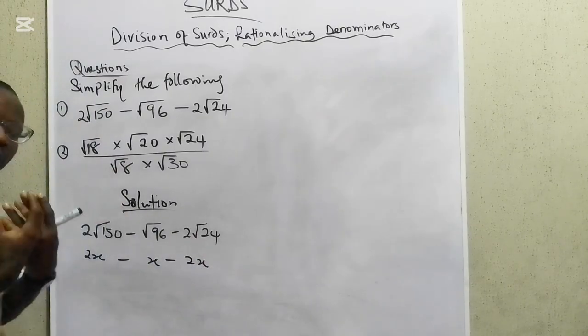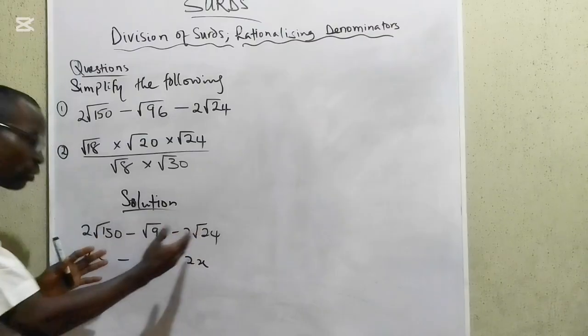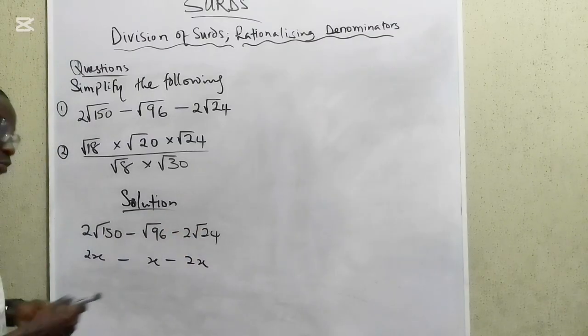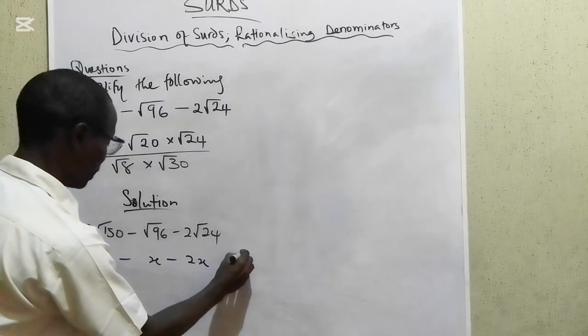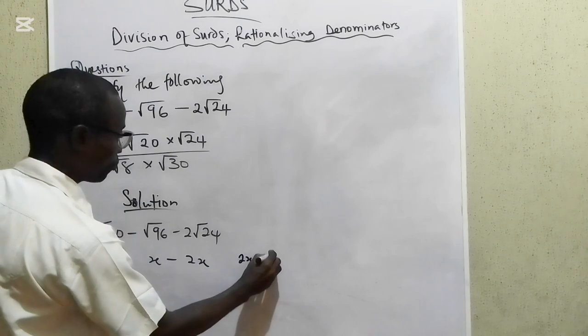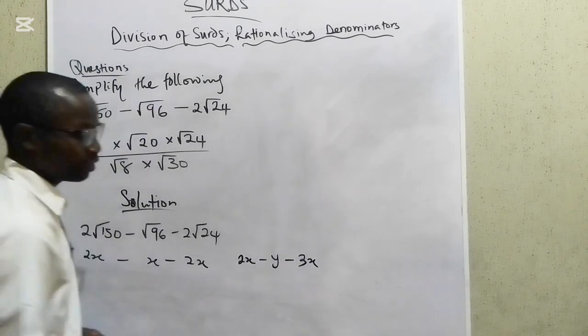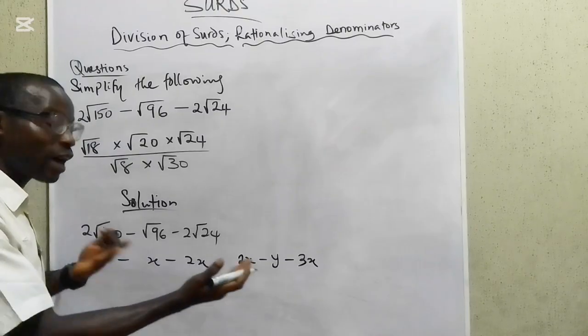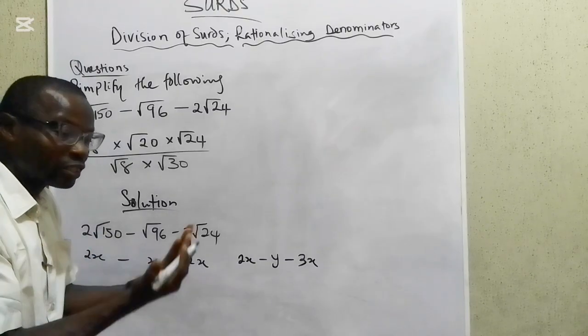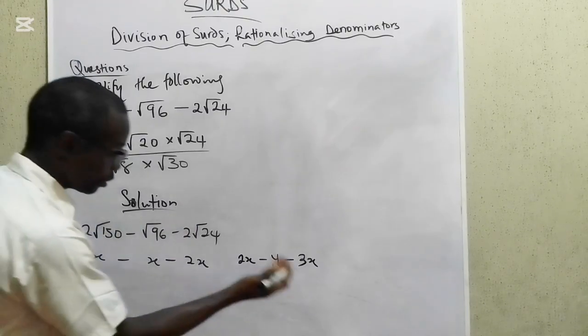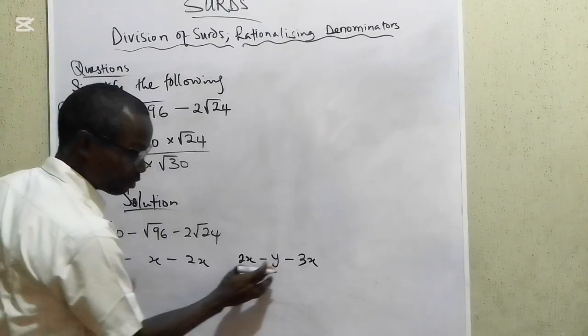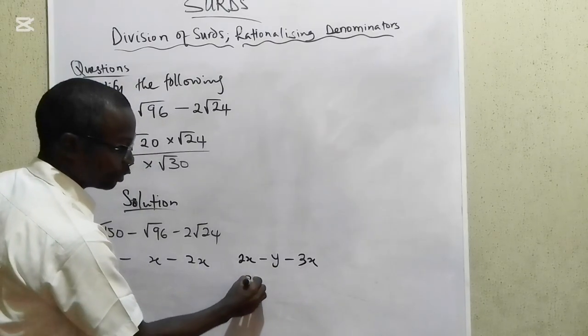Now, if it ever happens that the sort is not the same, for example, it turns out to be something like 2x minus y minus 2, or let's say 3x, what you will have to do is to add or subtract the ones that have the same variable. For example, now you have this and this having the same variable, so you just rearrange.